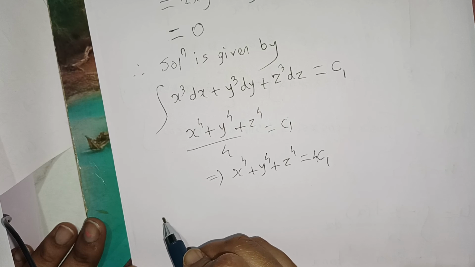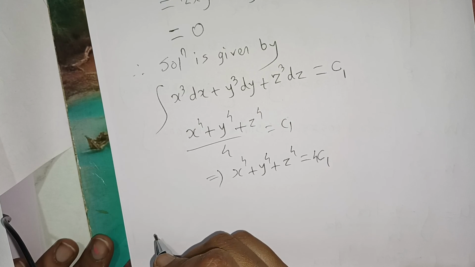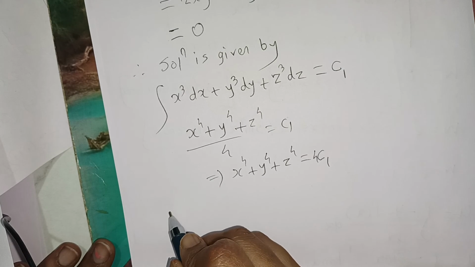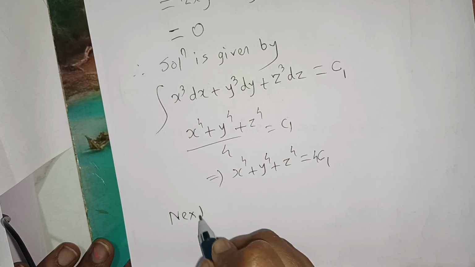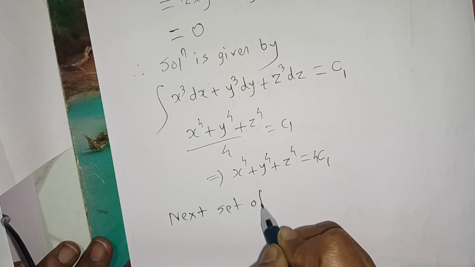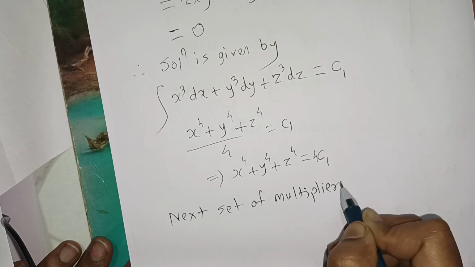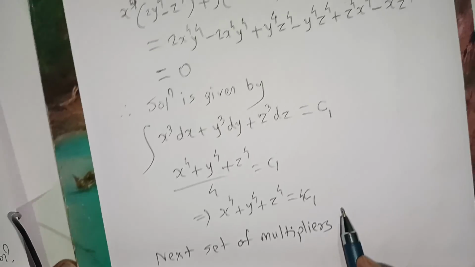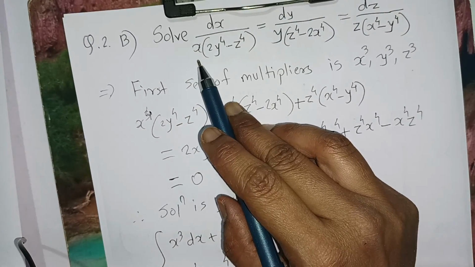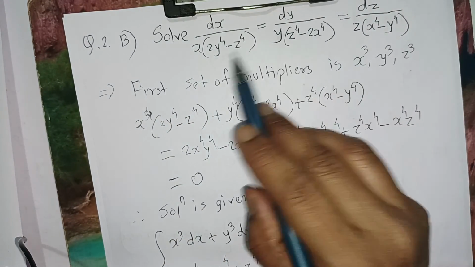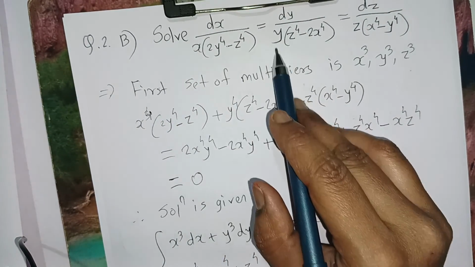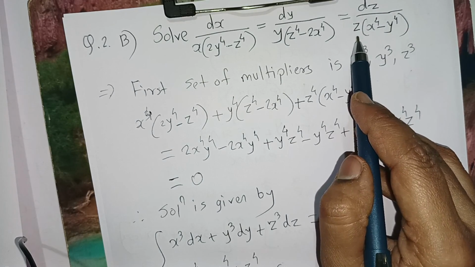For the second solution you have to consider a second set of multipliers. You can eliminate this x, y and z by multiplying by 1 by x, 1 by y and 2 by z. Why 2 by z?